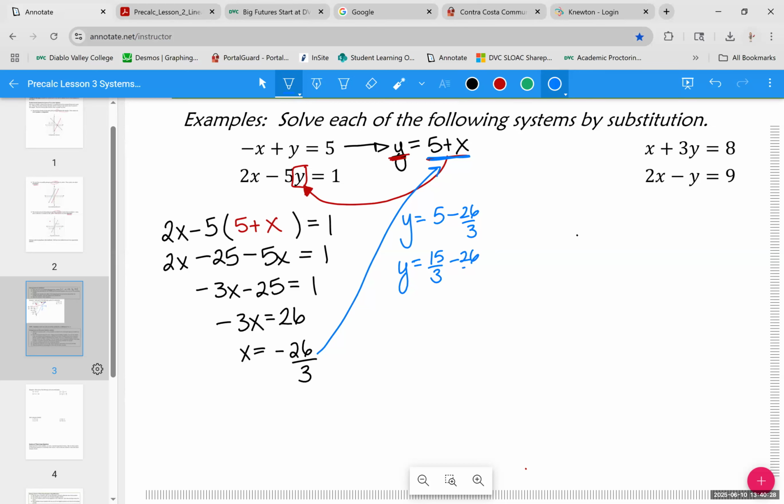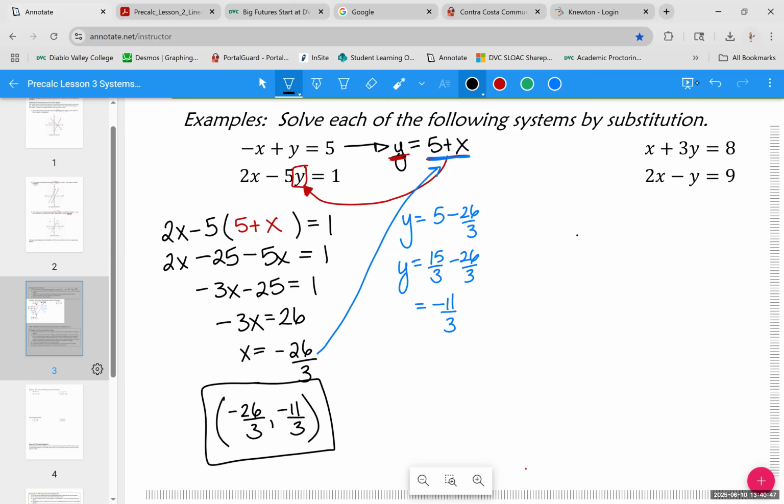So 15 thirds minus 26 thirds is negative 11 thirds. And so my xy ordered pair solution for this system is negative 26 over 3, negative 11 over 3.